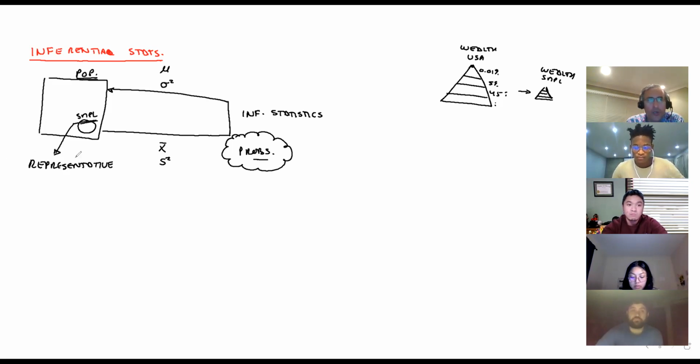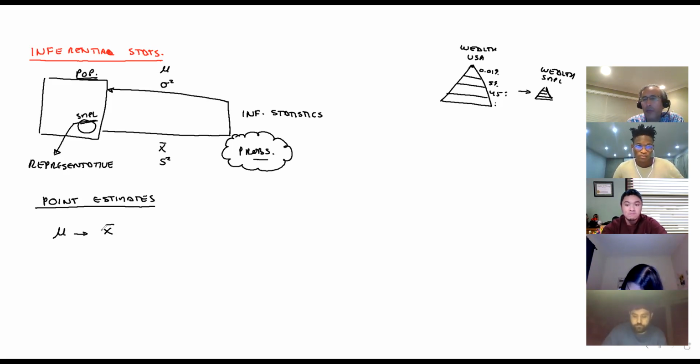Okay, so now let's go into point estimates. Point estimates, guys, are simply, what is the point estimate of mu, the population mean? The point estimate is the sample mean. What is the point estimate of the population variance?